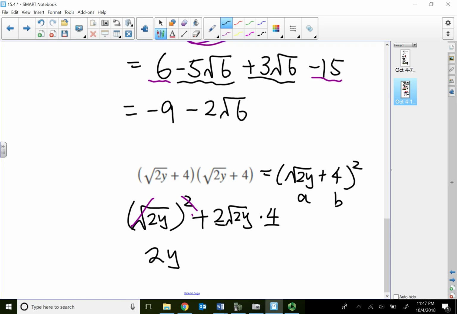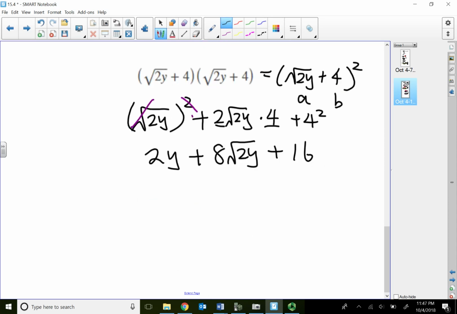The 2 and the 4 on the outside can be multiplied, so that's positive 8 times square root of 2y. Plus your b, which is 4, squared, so that's 16. I'm going to rearrange this a little bit and leave my radical on the back, so that's 2y plus 16 plus 8 times square root of 2y.